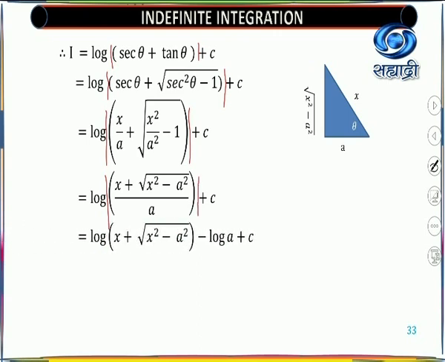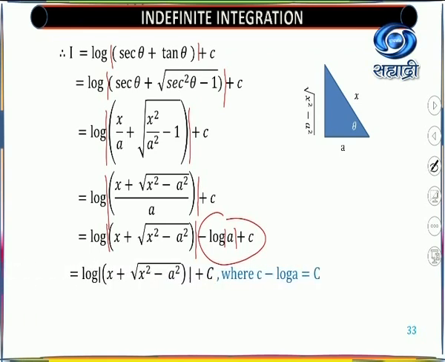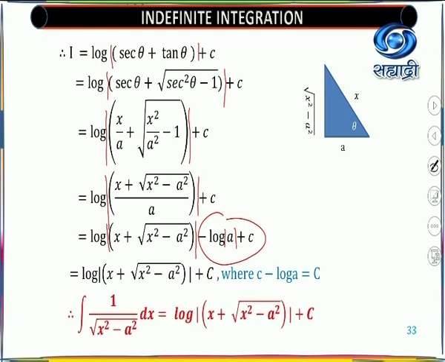Using the log function, it is log of x plus root of x square minus a square minus log a plus constant of integration, and this complete gives you another constant of integration. That is log of mod of x plus root of x square minus a square plus C. So the integration of 1 upon root of x square minus a square is log of mod of x plus root of x square minus a square plus constant of integration.